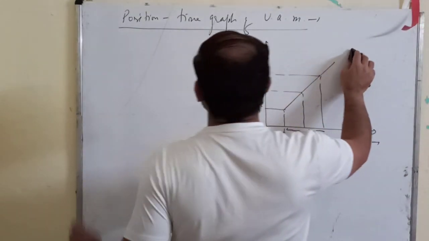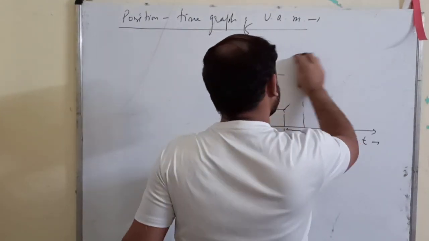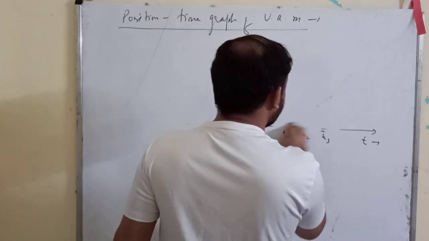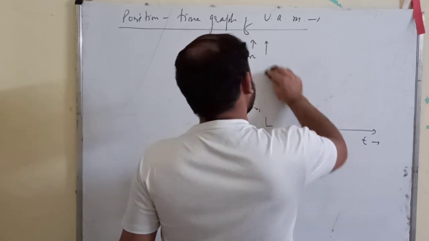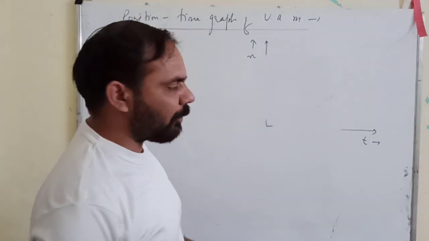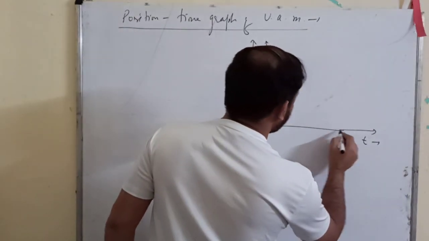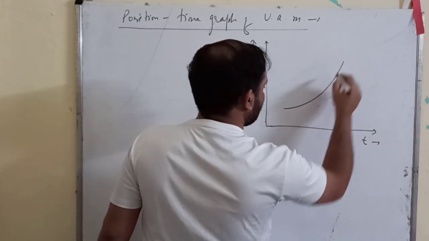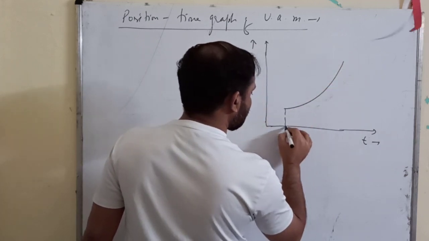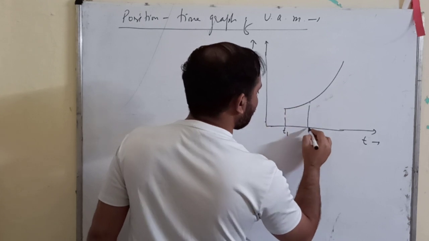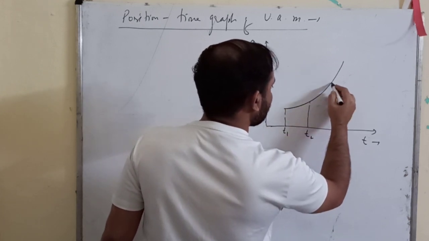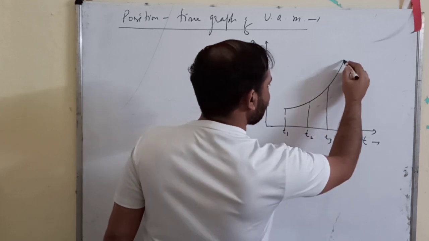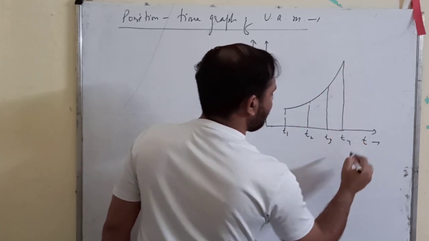But now we are discussing uniformly accelerated motion. It means that the displacement will increase, however, not equally in equal intervals of time. So suppose like this, this is your T1, this is T2, this is T3, this is T4.